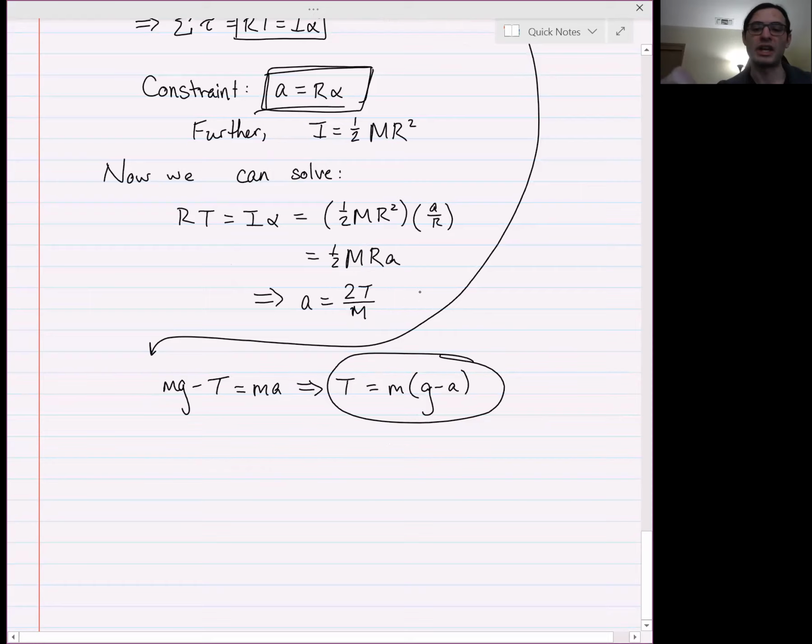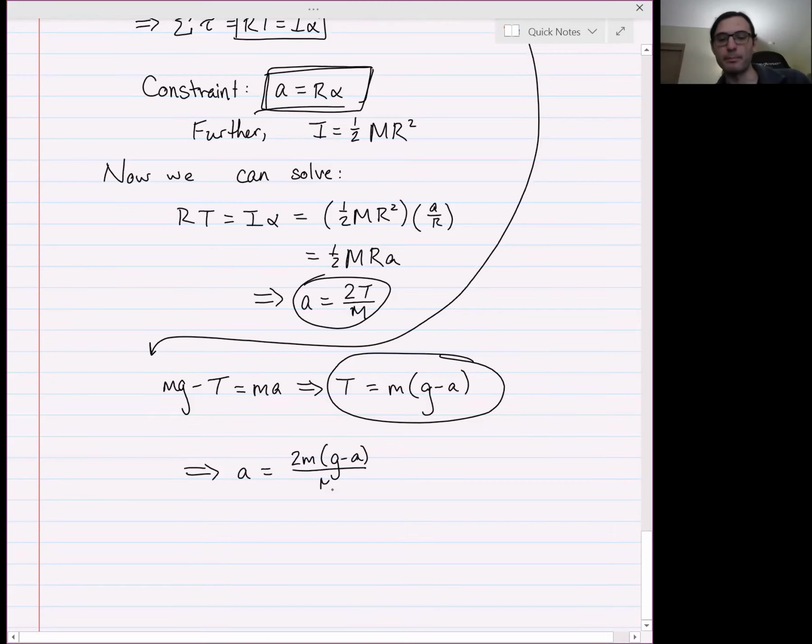We have that a equals 2T over M and T equals m times g minus a. We can combine those two results to get that a is equal to 2m times g minus a over M. All I did was plug T back inside there, right?